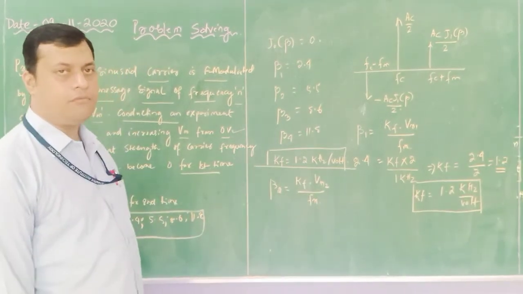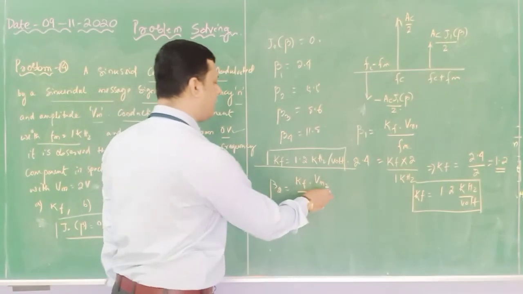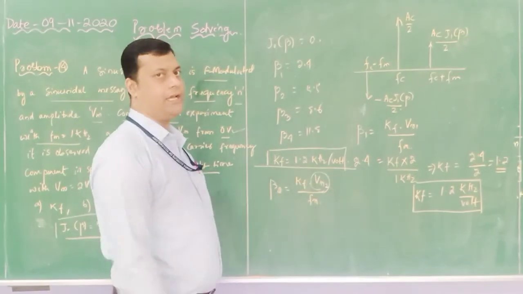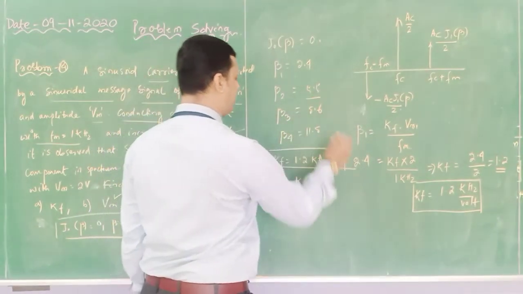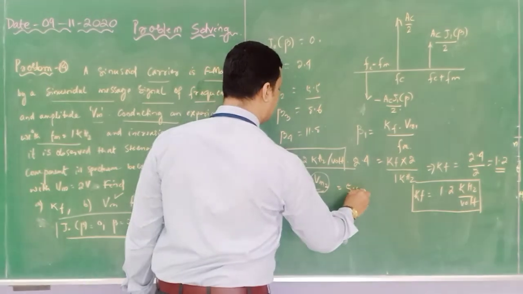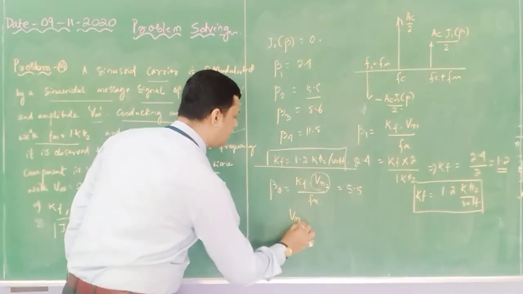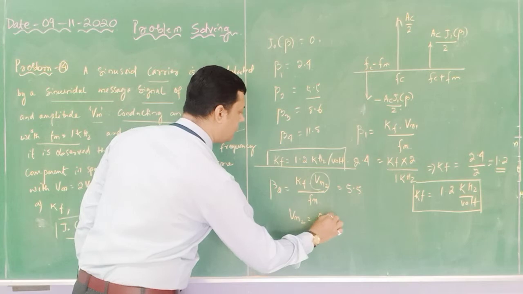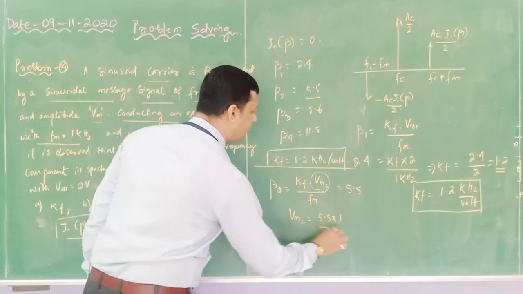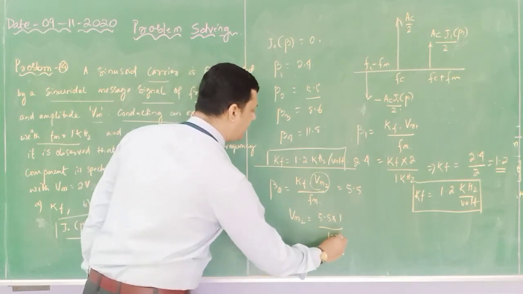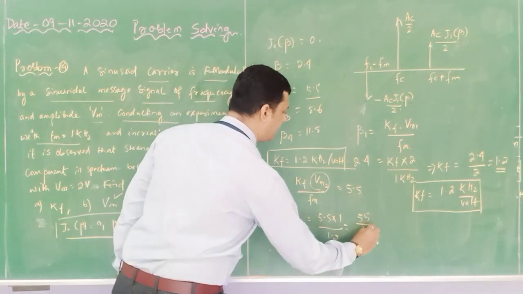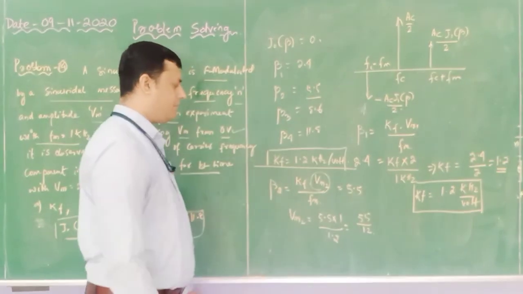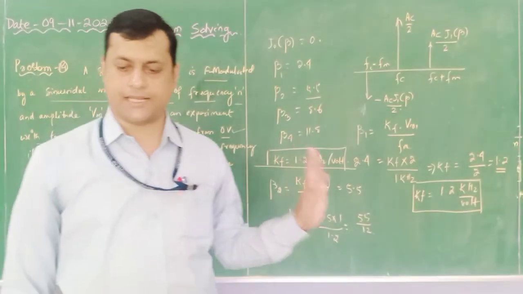Now here what we have to identify is Vm2. Now what is beta 2? Beta 2 is 5.5. So Vm2 is equal to 5.5 × 1 / 1.2, or I can write 55 / 12, because the 0.1 will be cancelled out.